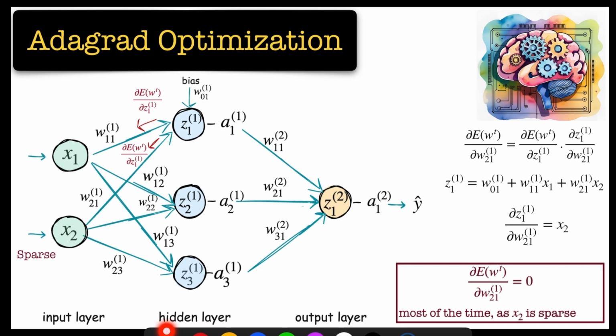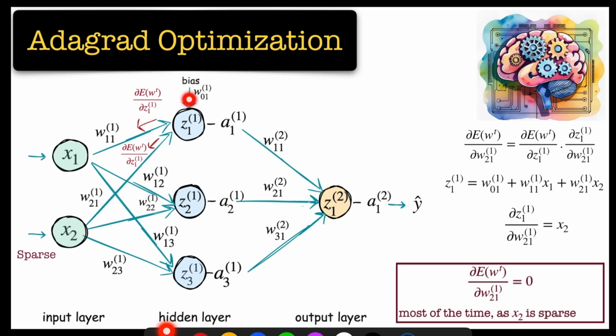So we have to calculate, let's say, ∂E/∂W211. Using the chain rule of calculus, ∂E/∂W211 will be ∂E/∂Z11 times ∂Z11/∂W211, right? So what is Z11? Z11 is a linear combination of the previous layer, right?